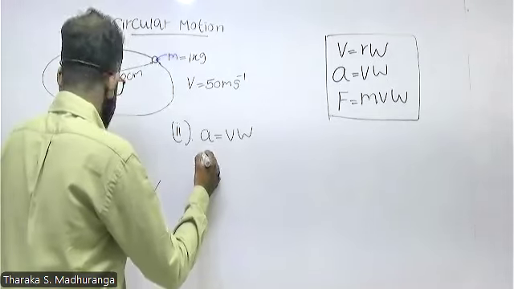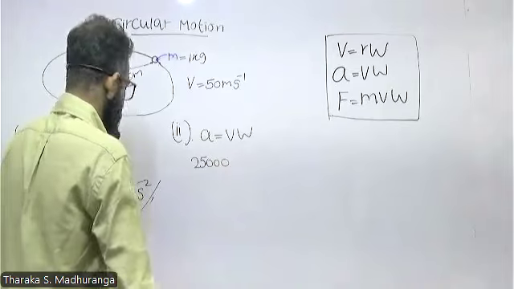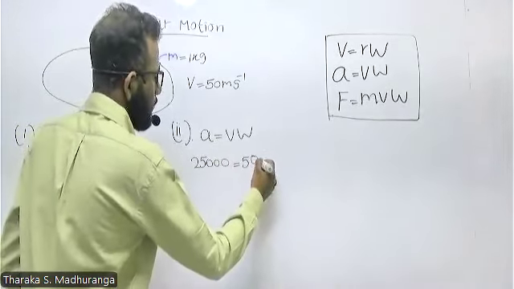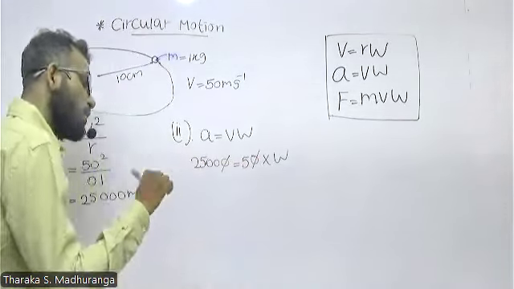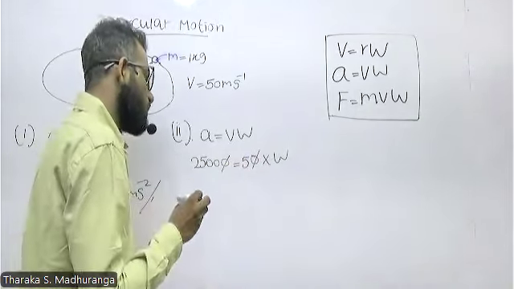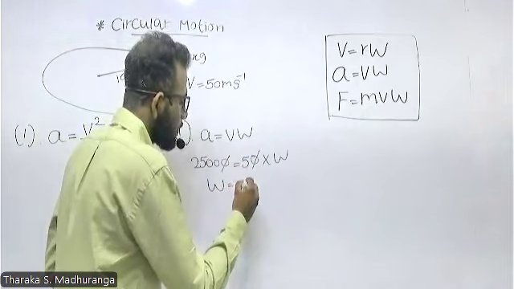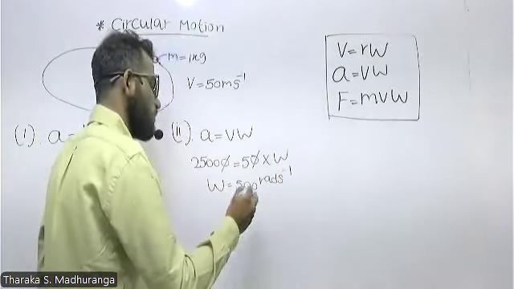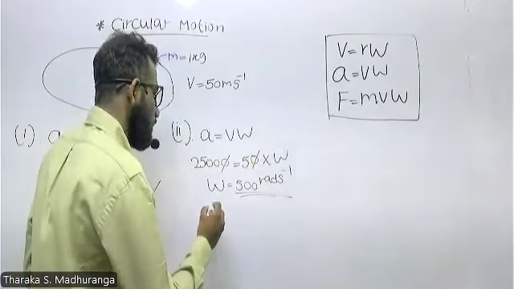A is 25,000, equal to 50 omega. 2500 divided by 5, it is 500. The omega equal 500 rad s minus 1. But omega is not what is asked. F is asked.